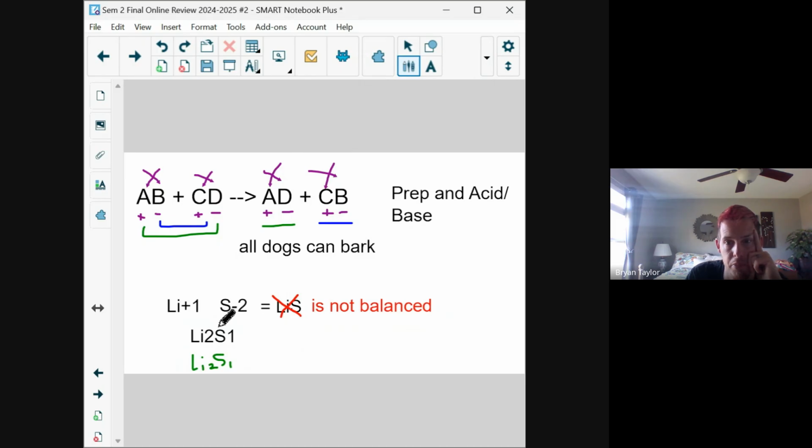And it comes from the crisscross. The 2 goes here. The 1 goes here. This means you have 2 plus 1s. You have 1 minus 2. I literally got that from the formula. This is 0, which is correct. You also could do it this way. This is the math way of doing it. It takes a little longer. You could totally also do that.